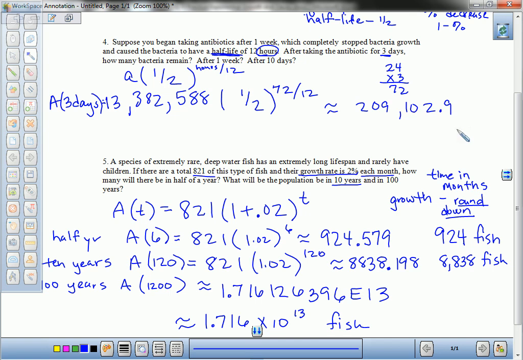Okay, but half-life is decreasing, isn't it? So this is like a decay. With a growth, I round down. With a decay, I would round up. So this would round to 3. So when I have a decrease, or decay, you would round up.